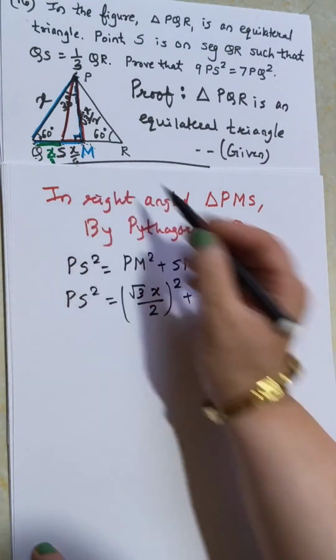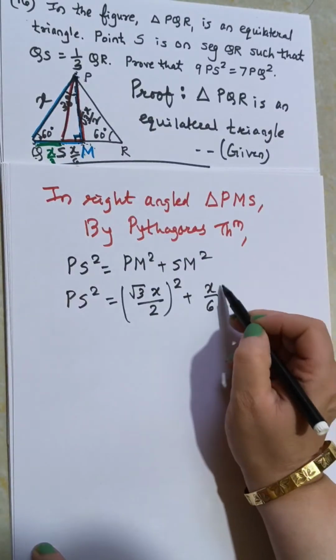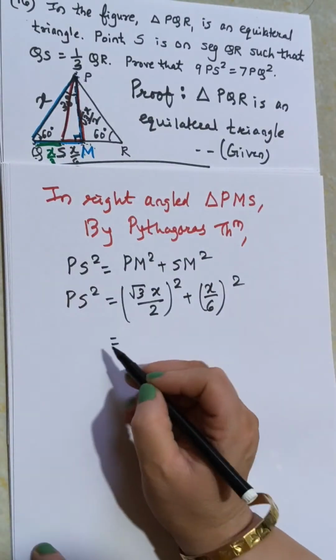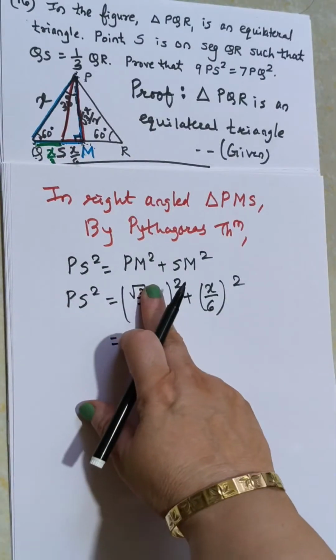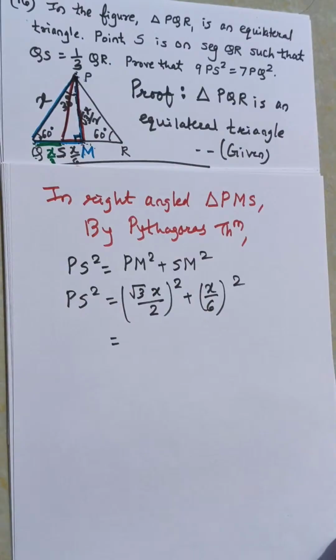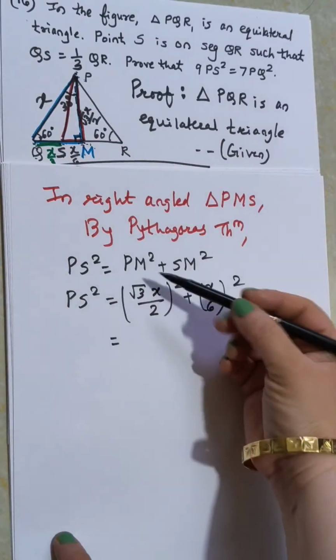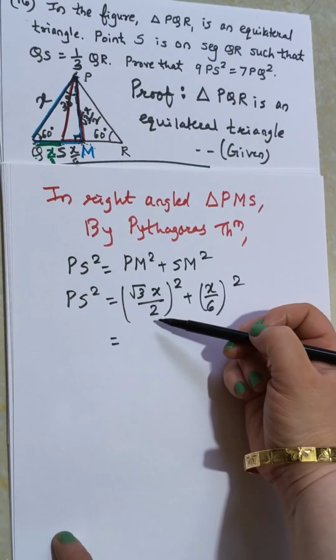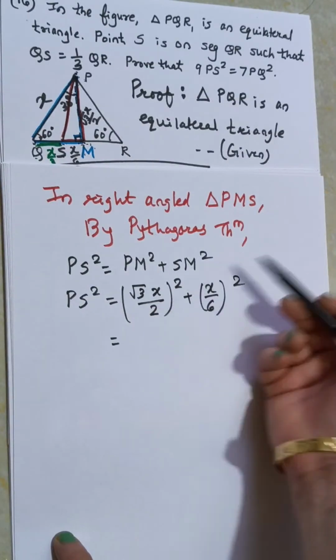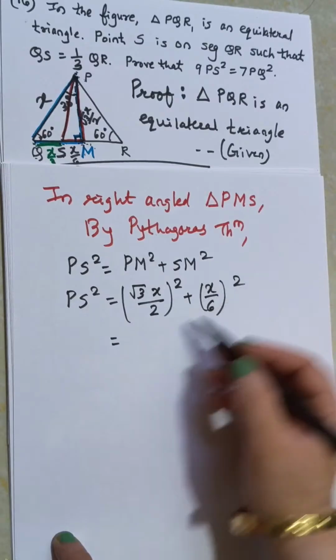And SM is x upon 6, bracket square. Shrutika, it's absolutely correct. Now I put the values: PM is under root 3x upon 2, and SM is x upon 6.